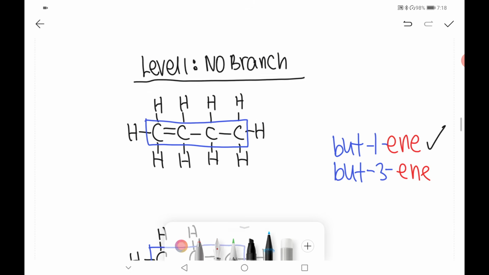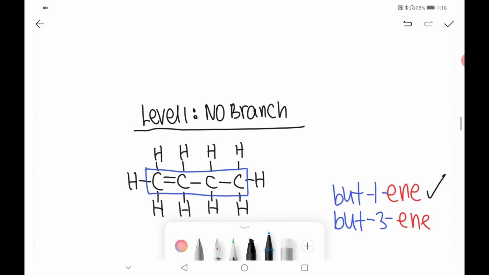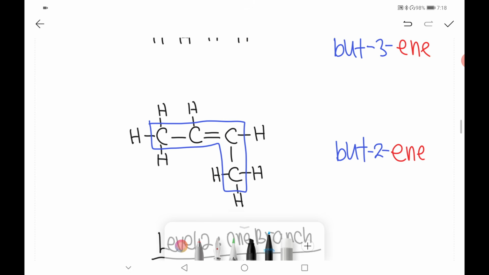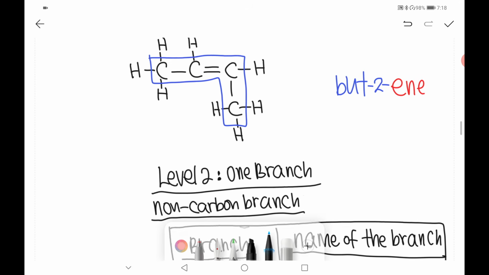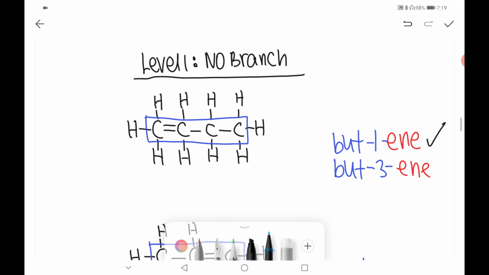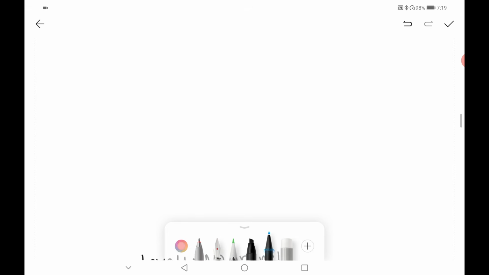So for alkene, you always need to mention the location for the double bond. But there is a special case that you need to know. Let me write it down here.